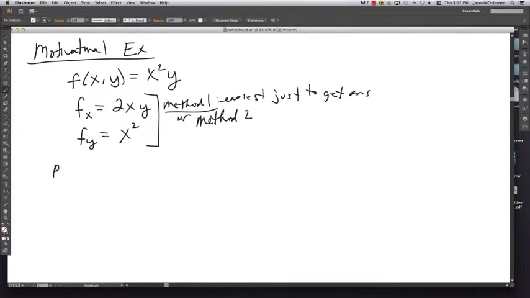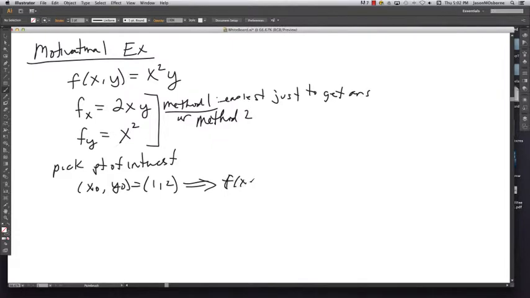What if you picked a point of interest? Let's say that you pick your point x naught, y naught to be 1, 2. Now notice, you can just take this x naught, y naught and plug it into your function, f of x naught, y naught. That's a no-brainer. You should get 4. Once you get that value, you can then put them all together into a vector.